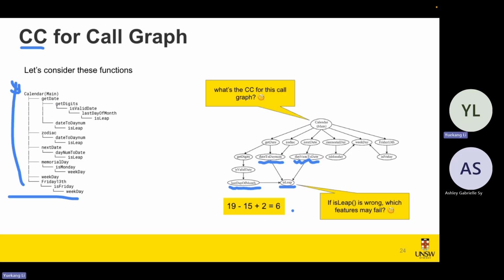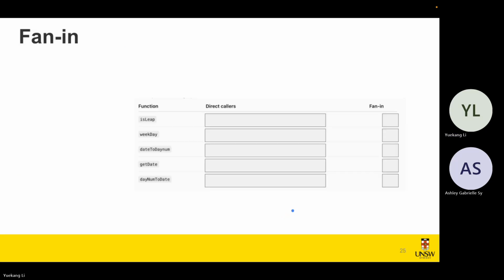So this is call graph. And there are some other concepts associated with these calling relationships. The first one is fan-in. Fan-in means for a function, the value of fan-in is how many functions are directly calling this function. Directly call means it's not an indirect call.